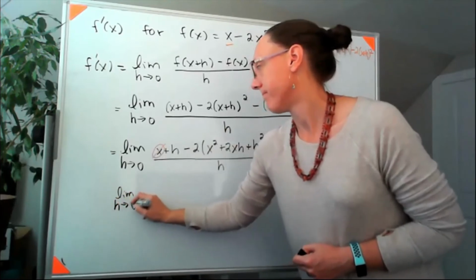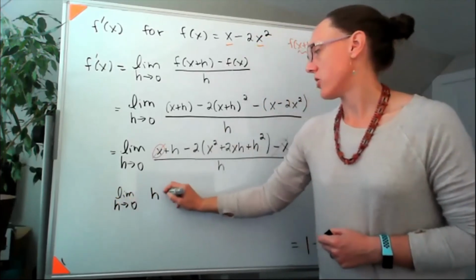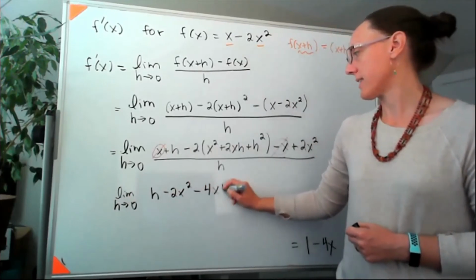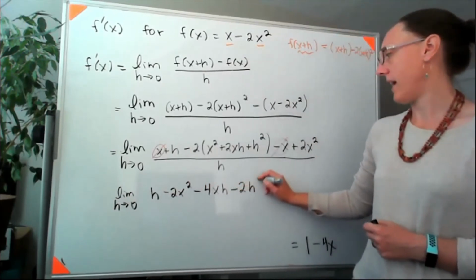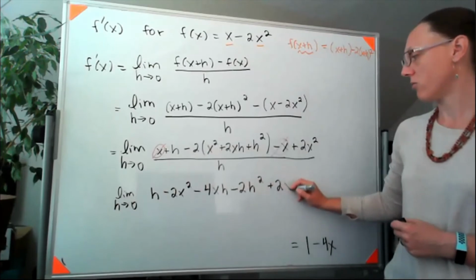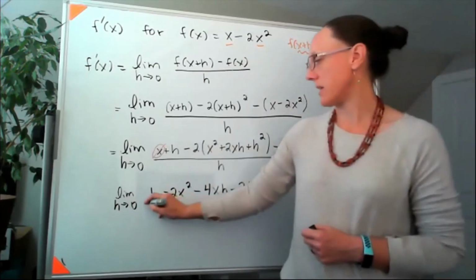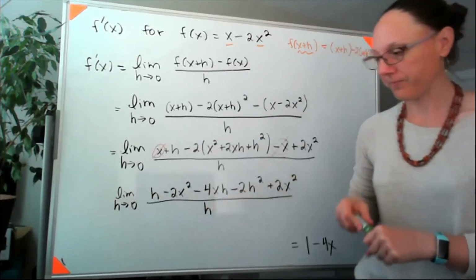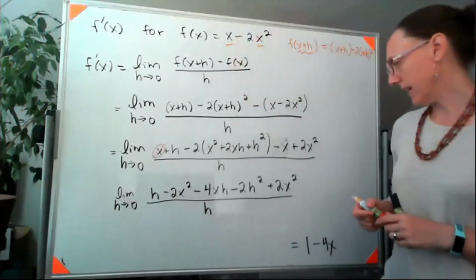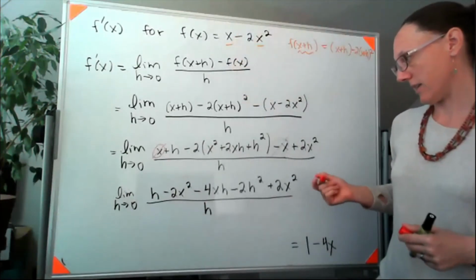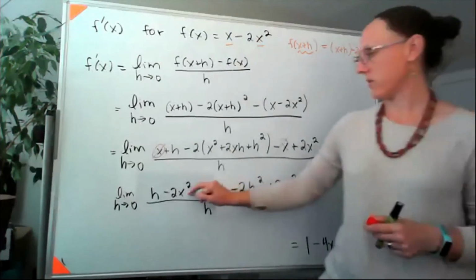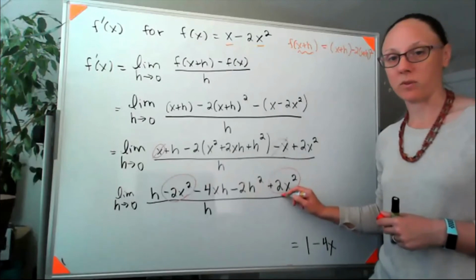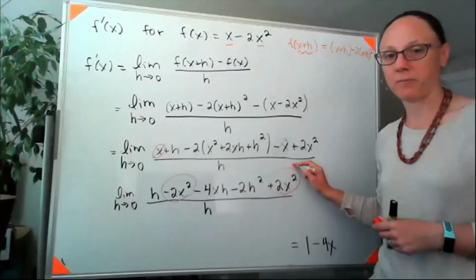So I've got h minus 2x squared minus 4xh minus 2h squared plus 2x squared, all over h. I think I got all the pieces. See if we can find anything else that cancels. Looks like the negative 2x squared is going to cancel with my positive 2x squared over here.